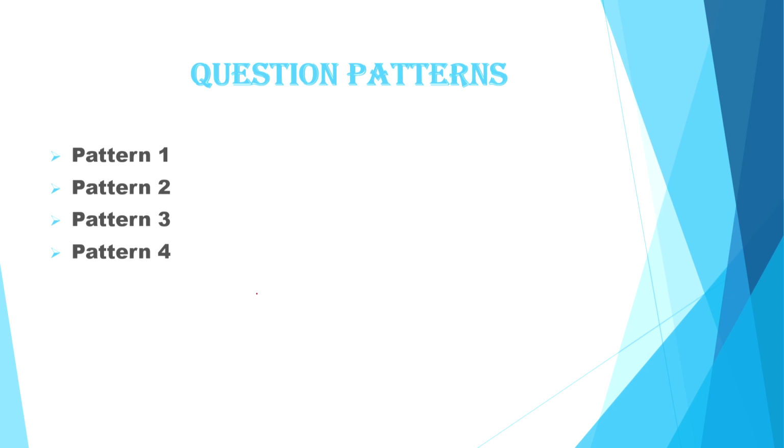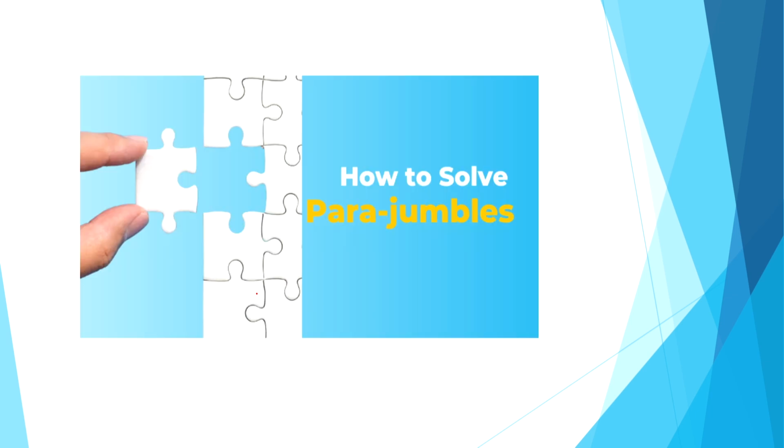Now, next is pattern 4. So, in pattern 4, the examiner gives the examinee the first and the last sentence as anchors and jumbles the sentences in the middle. This type of jumble is considered to be the easiest because the examinee has two fixed points to guide him or her. So, is it clear? Now, moving further, let's discuss how to solve parajumbles.